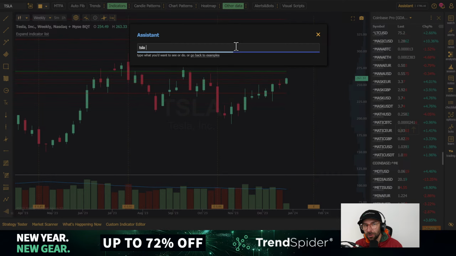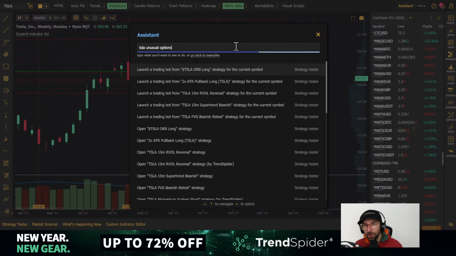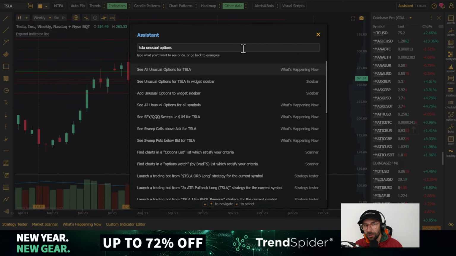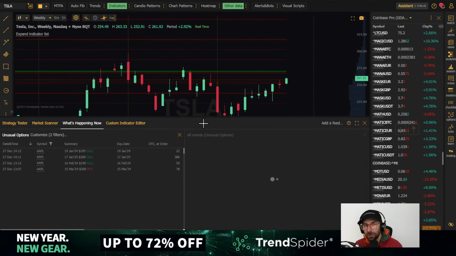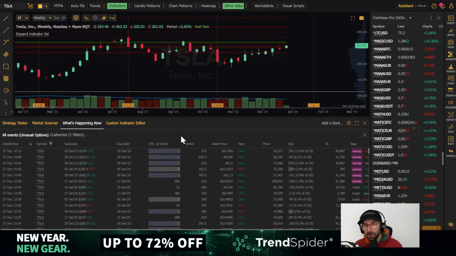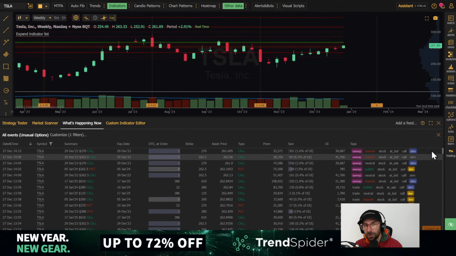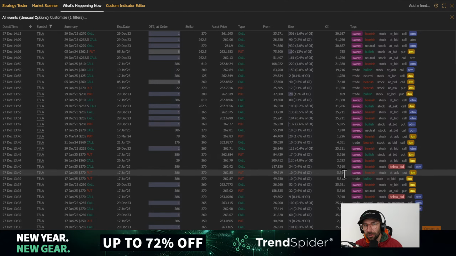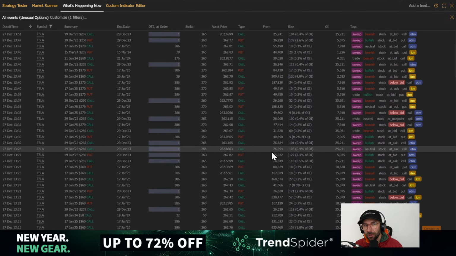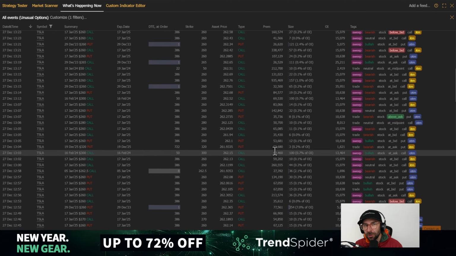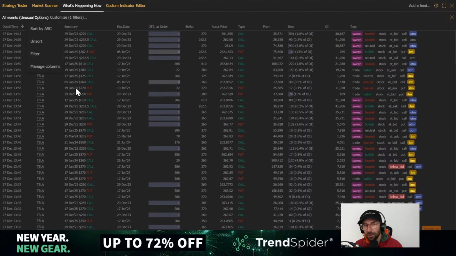For anybody who is not aware, we do offer unusual options data on the platform. If you go to your assistant, I'm just going to type in Tesla unusual options here. Here's all of them, the most up-to-date ones. See if there's anything interesting in here. I always like to look for larger premiums. I want to see real conviction.